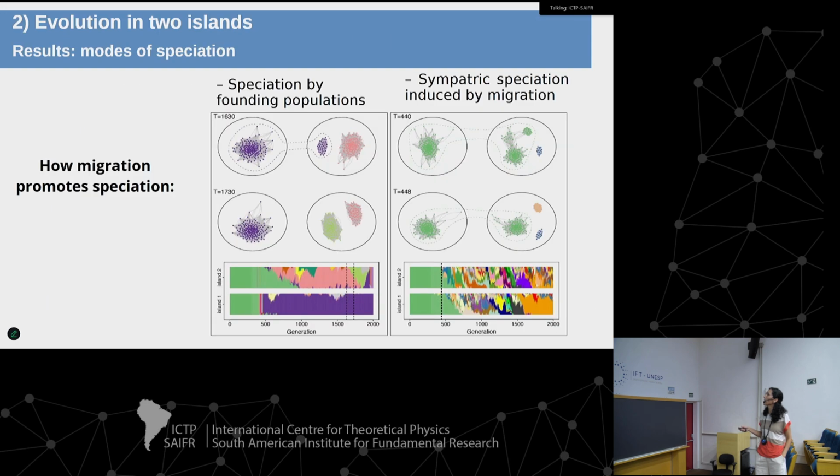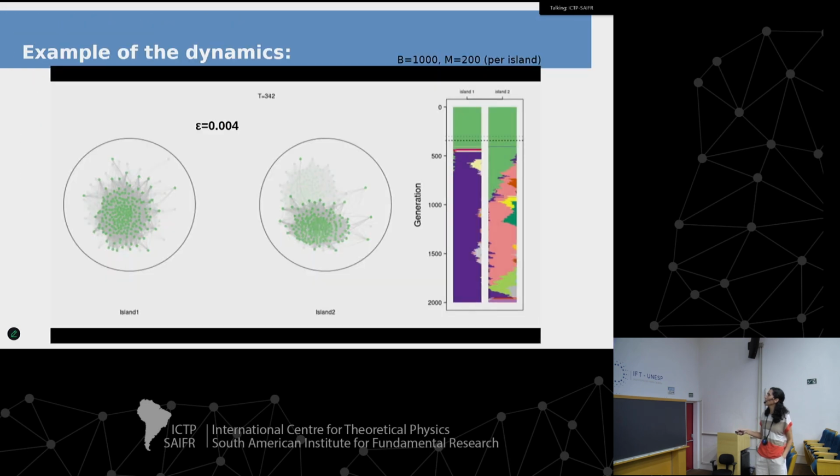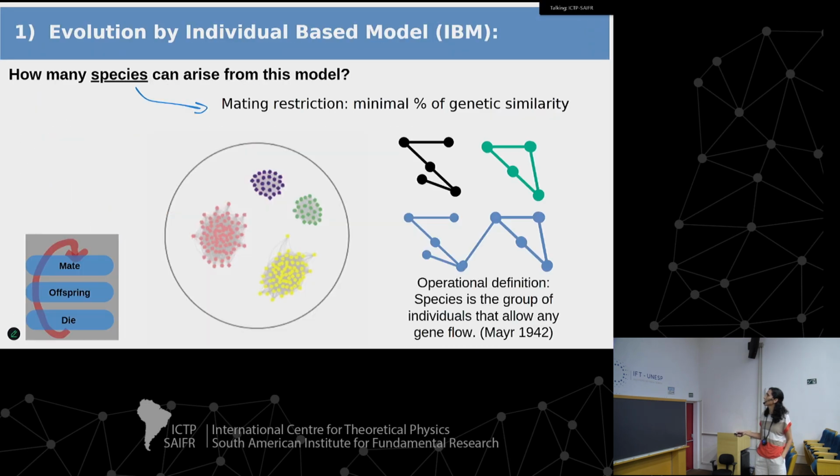Yeah, so maybe the answer is in how we define a species. For example, in ring species, a species is not about how many different types we have. To be a species, they do not need to be equal. They do not need to be clonal. They just need to allow gene flow, so they need to have a minimal similarity.